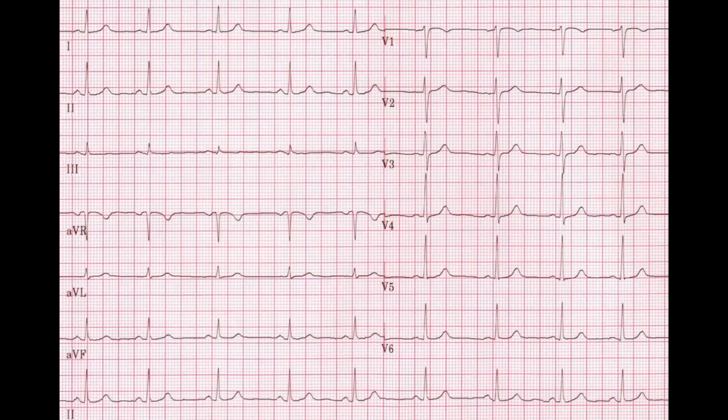And how have we reached this conclusion? Because one small square is equal to 0.04 seconds. So, one big square will be equal to 0.2 seconds or 200 milliseconds, and there are 5 large squares per second, or 300 large squares per minute.